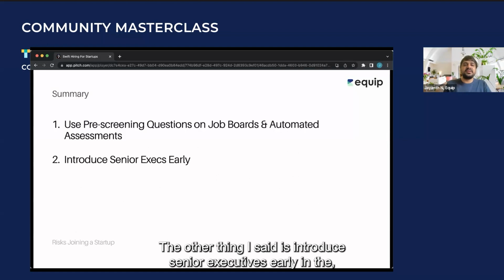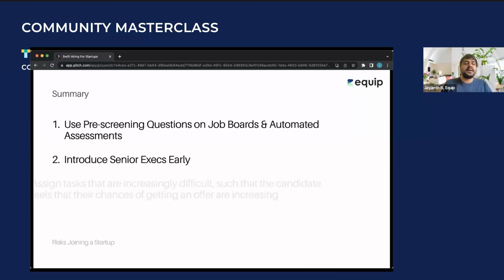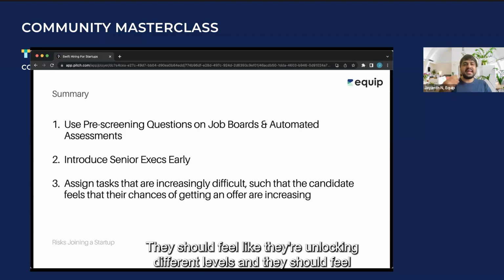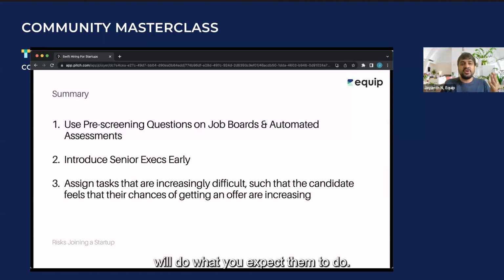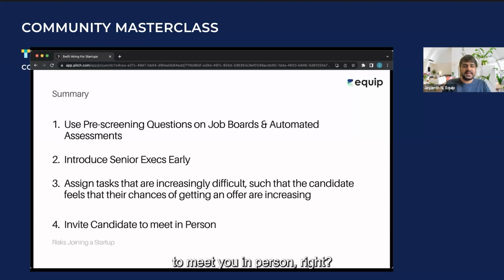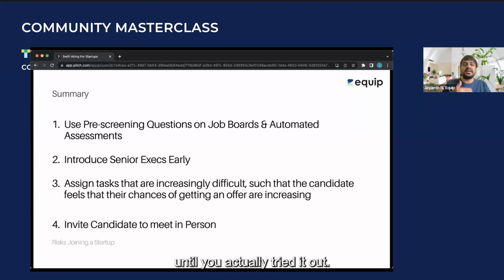The other thing I said is introduce senior executives early in the process, so they feel confident and they feel valued. Then I'm saying assign tasks that are increasingly difficult. Don't dump a bunch of tasks right at the beginning. They should feel like they're unlocking different levels, and they should feel progressively more confident about their chances at the company, and then they will do what you expect them to do. And finally, I've said you should invite the candidates to meet you in person, right? And I think this has a whole set of advantages that you would not know until you actually tried it out.